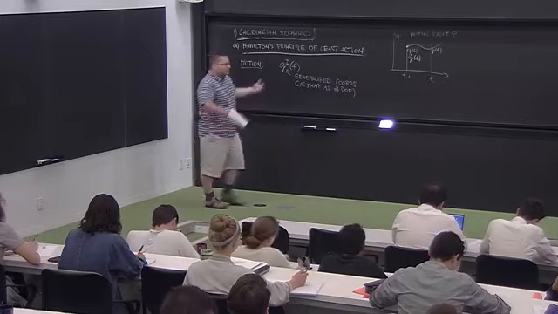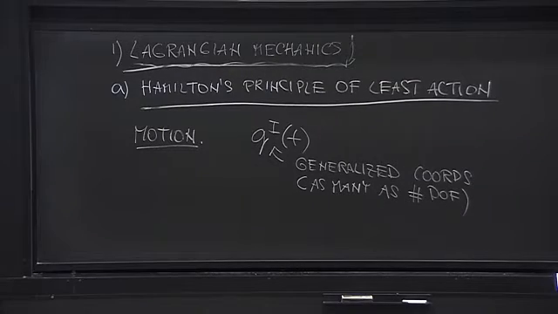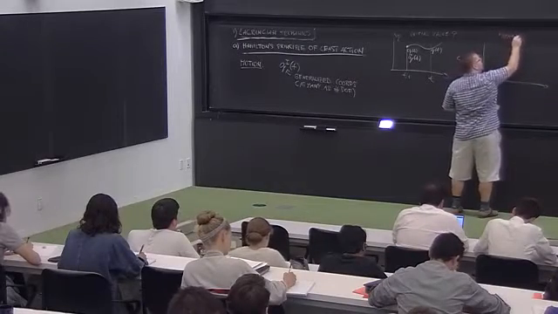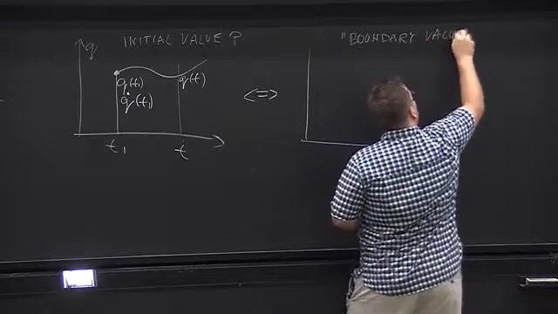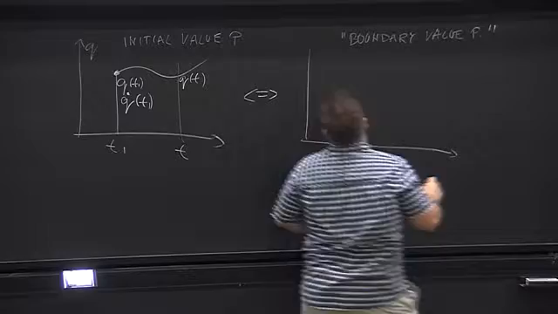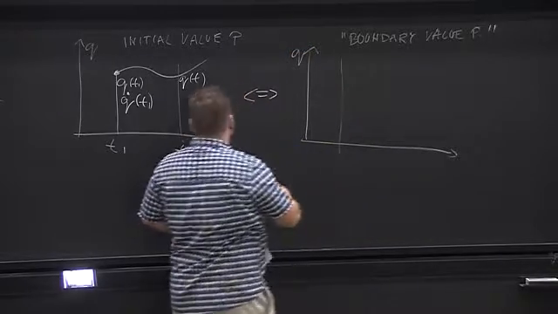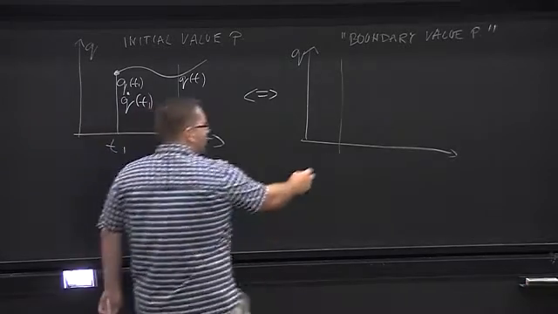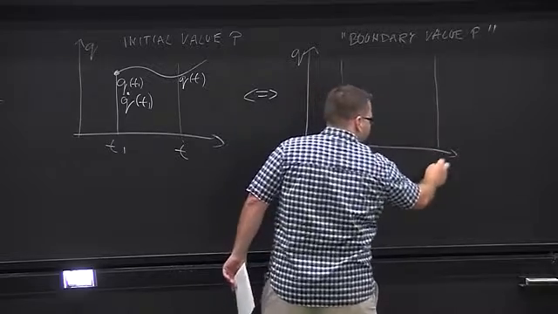Now this is of course perfectly correct, but there is an equivalent formulation, which is, if you want, the boundary value problem. In this case, instead of specifying q and q dot at t1, you only specify q, and the same you specify for some later time, t2.